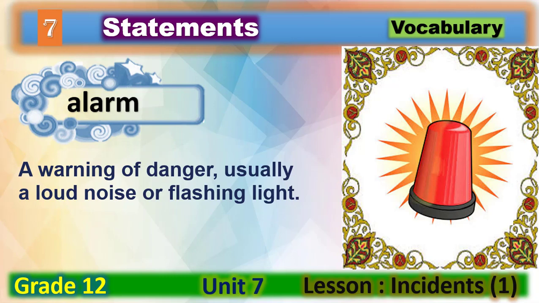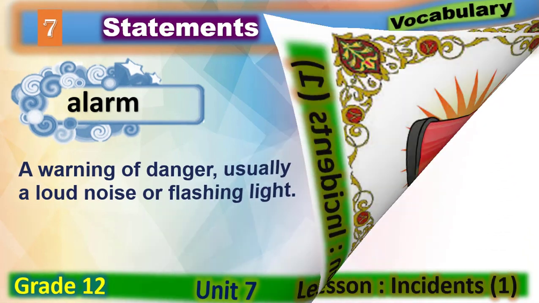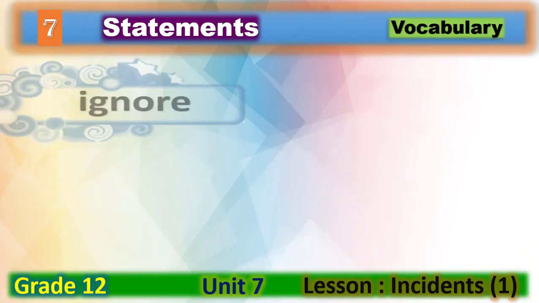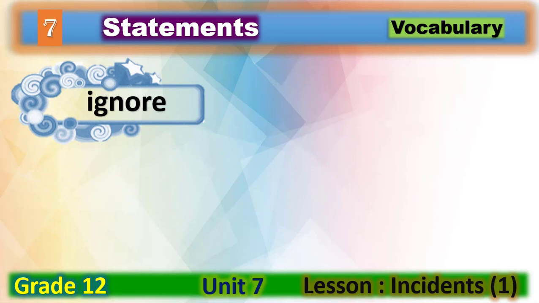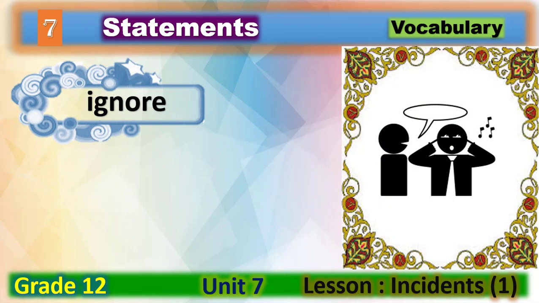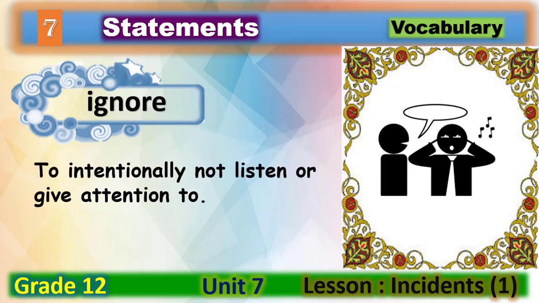Alarm is a warning of danger, usually a loud noise or it may be flashing light. Good. Let's move to the next word. The next word is the word ignore. To ignore someone or to ignore something means to intentionally not listen or give attention to.